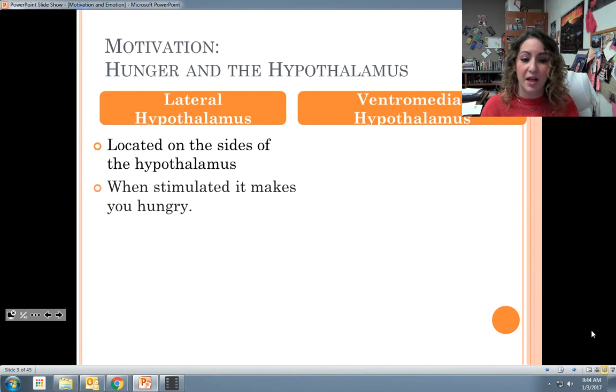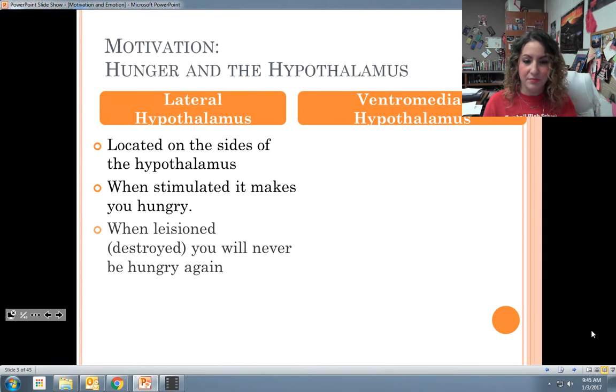So the lateral hypothalamus is located on both sides of the hypothalamus. When you stimulate it with an electrode or whatever, it makes you feel hungry. So it is active when you are feeling hungry. So here's the thing. What if we were to remove that part of your brain? We remove the part that makes you feel hungry. It means you'll never feel hungry again. And it's very possible.